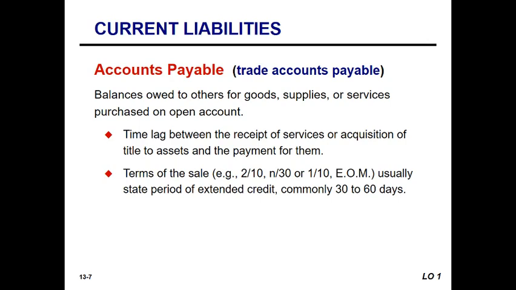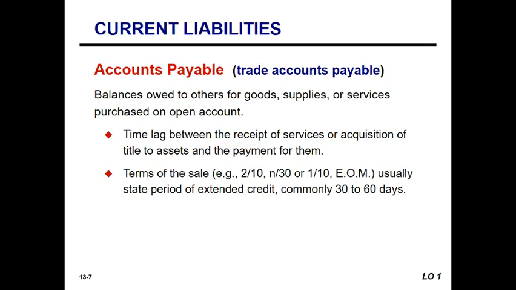Now, because there is a time lag between when you receive the goods or services, so you have purchased something from, let's use Office Depot for an example. That is an example most people are probably at least slightly aware of. You purchase office supplies from Office Depot. The supplies arrive on January 1st, but you don't have to pay for that invoice until, let's say, February 1st.